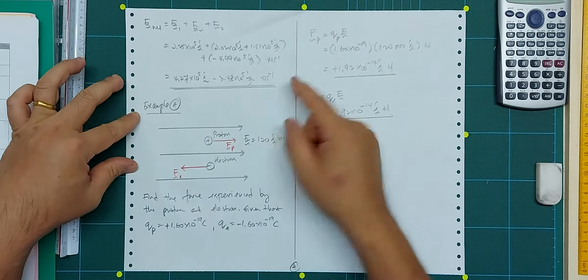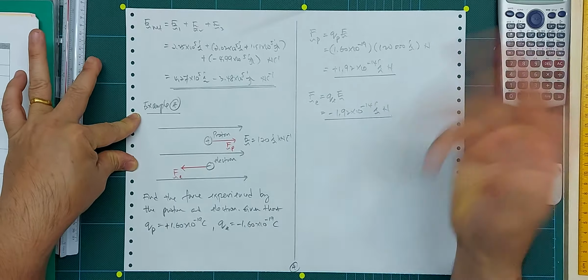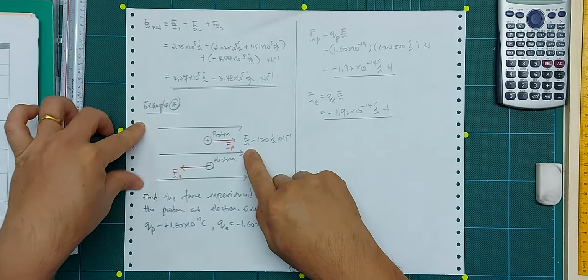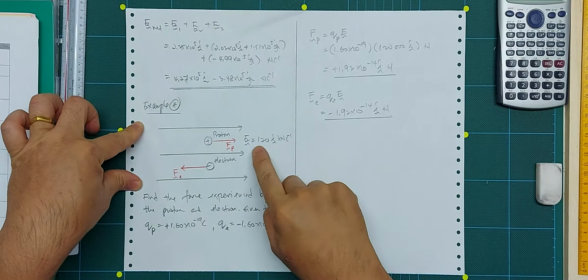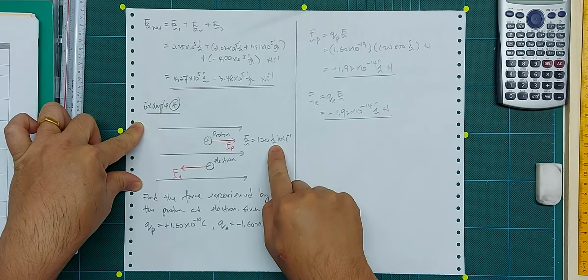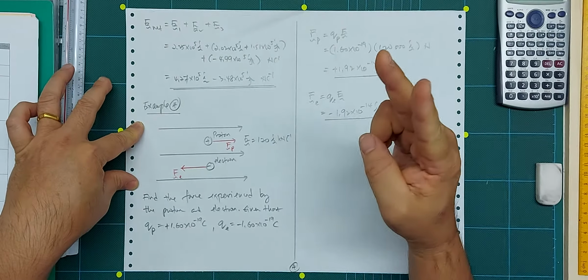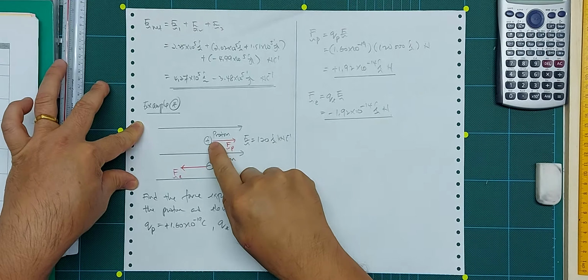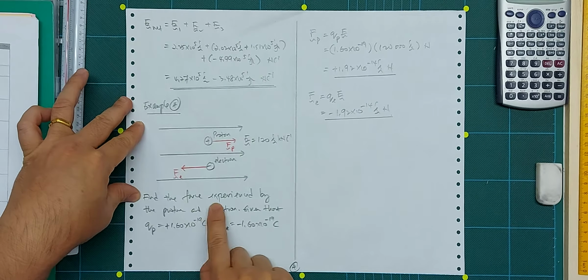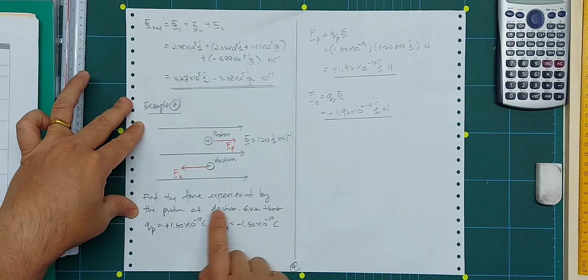Alright, and then example 4, this one we're using a different formula. Let's assume you have an electric field pointing to your right hand side, 120 kilonewton per Coulomb in positive i direction. So you have two particles here. One is a proton, another one is an electron. Find the force experienced by the proton and the electron.